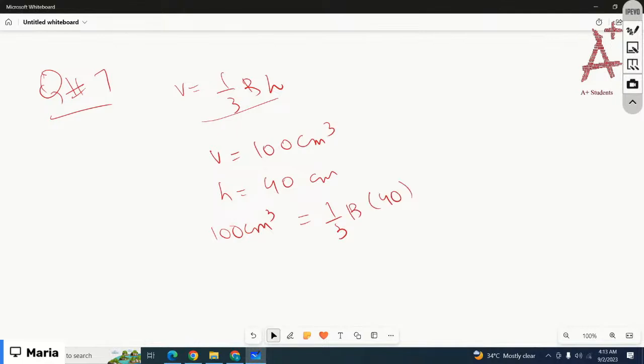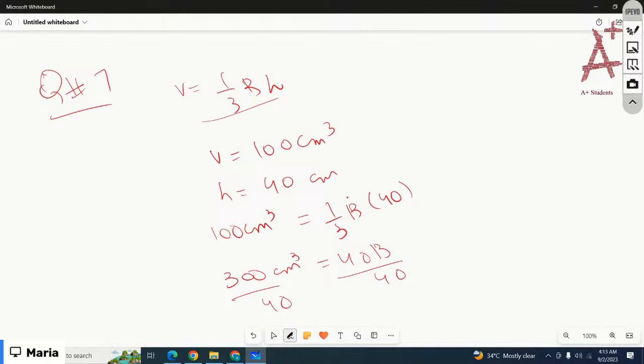So it would be, let's just multiply 3 on both sides, so it would be 300 centimeter cube and that equals 40b. Now let's just divide both sides by 40.